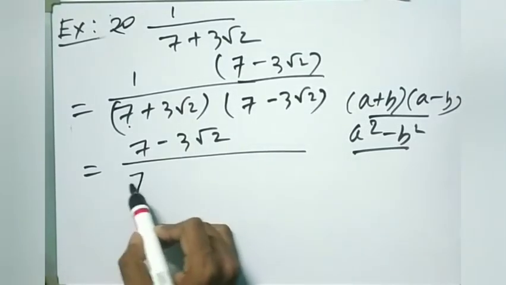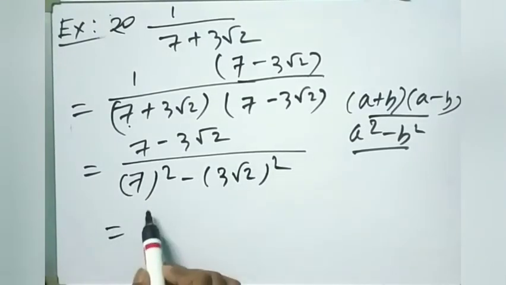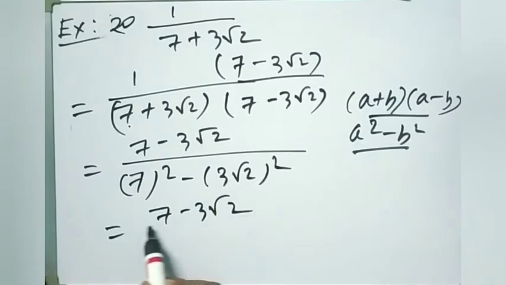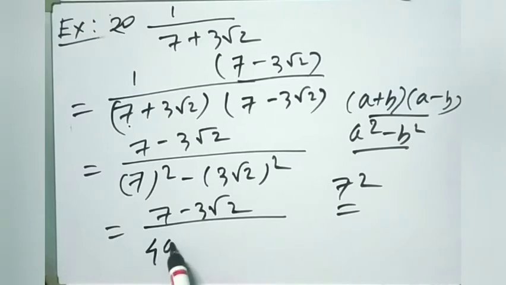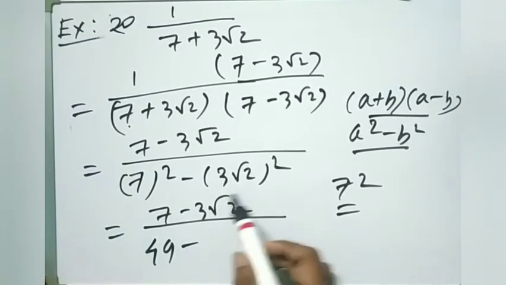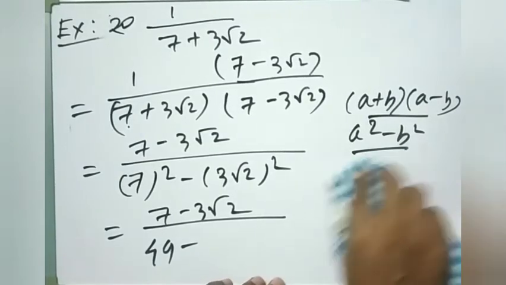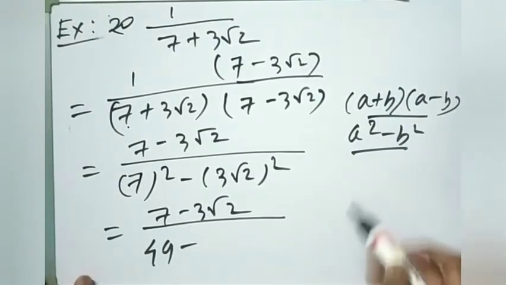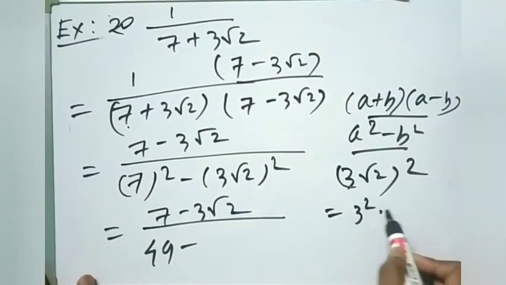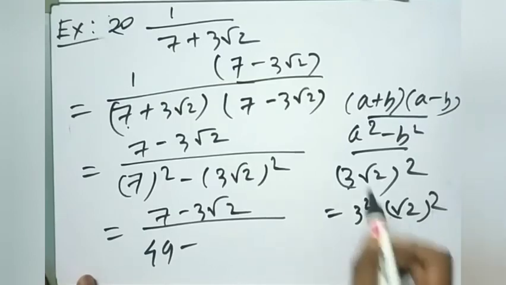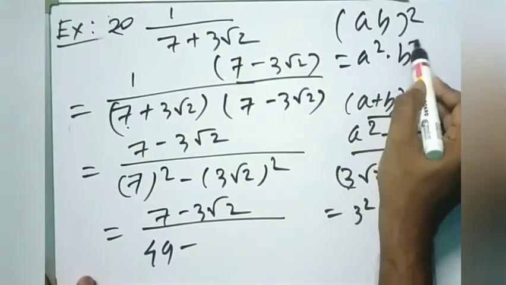So 7 square minus 3 root 2 square. So 7 minus 3 root 2, and 7 square equal to 49 minus, here 3 root 2 square, we can write 3 square into root 2 square. As I told you, ab square we can write a square into b square.